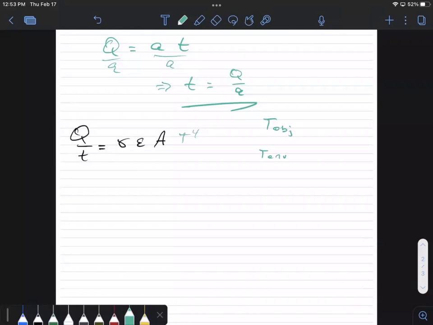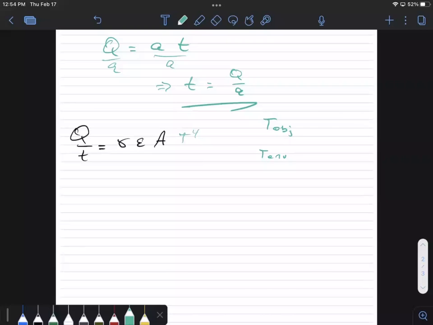Of course, the amount of radiation you get, or how quickly it radiates, should depend on the difference between these two temperatures. If there's a big difference, it should radiate really quickly. If there's a very small difference or no difference at all, then it shouldn't radiate at all, or at least very slowly.